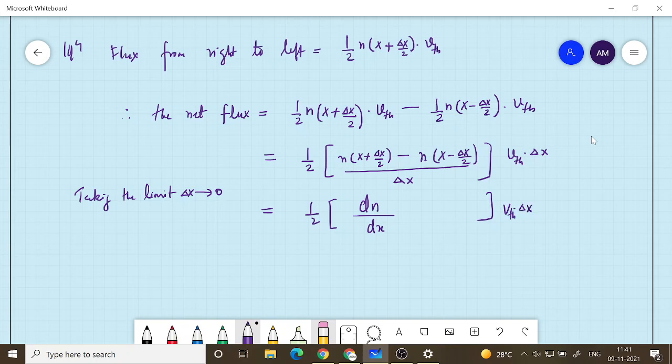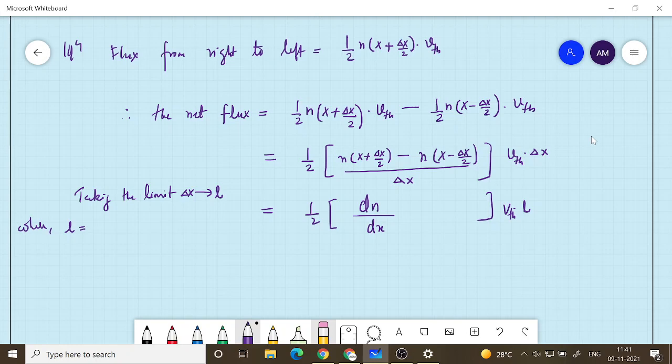Instead of making it 0, because if I make it 0, this will also go to 0, I will make it go to L. Now what is L?